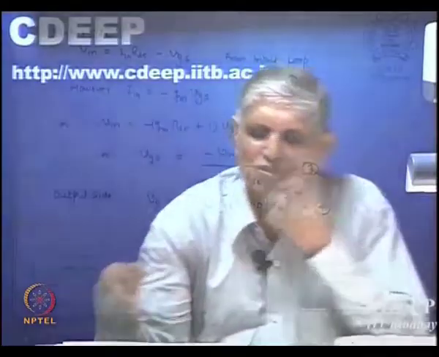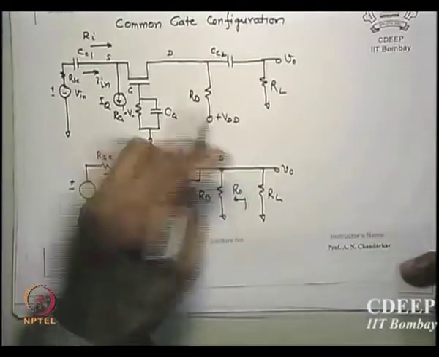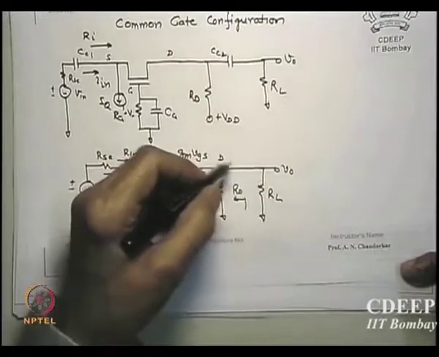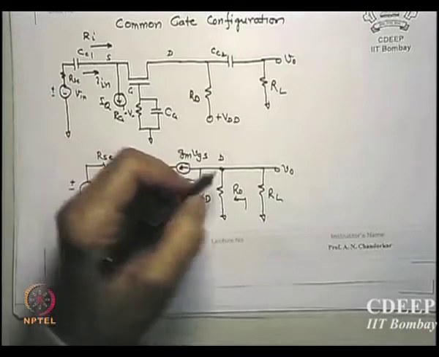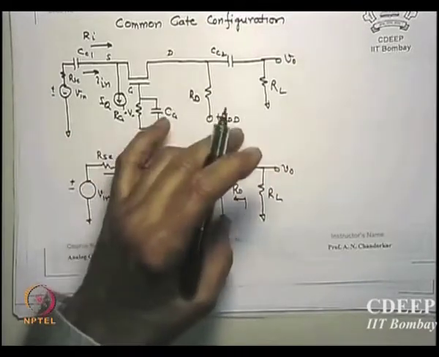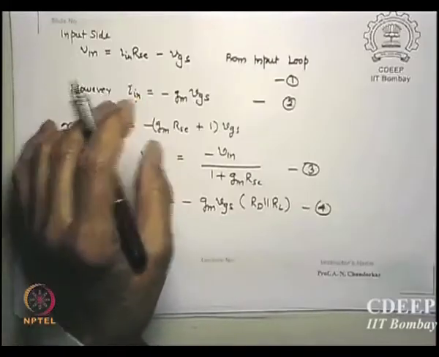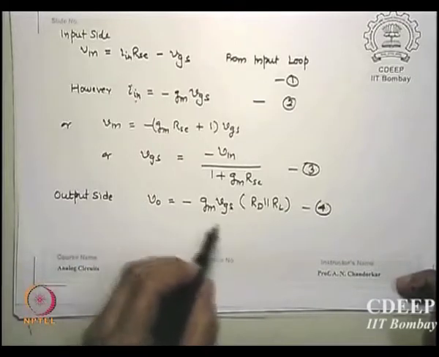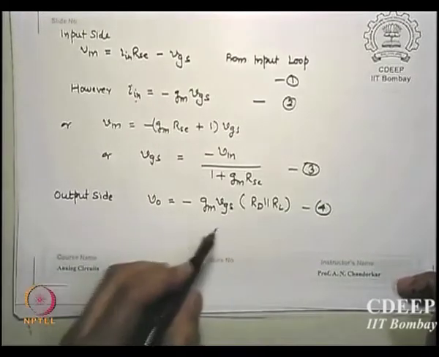So how much is V0 from the circuit? Can you tell me? Minus GM VGS will pass through this. Is that correct? Why minus? Current is going out from here. So the drop across this is minus GM VGS times RD parallel RL, not RO, RD parallel RL.